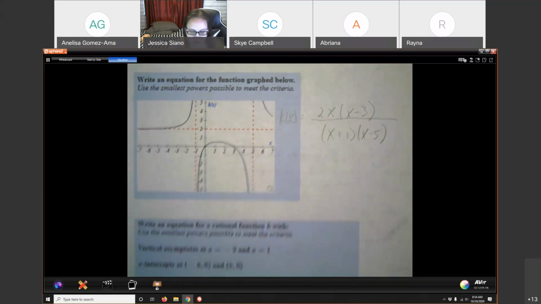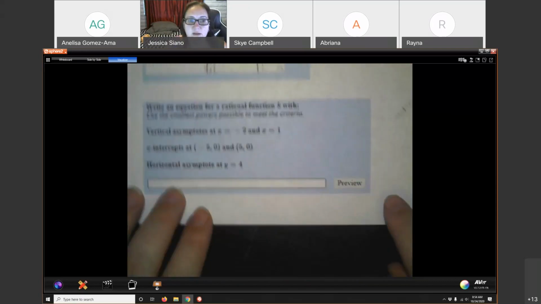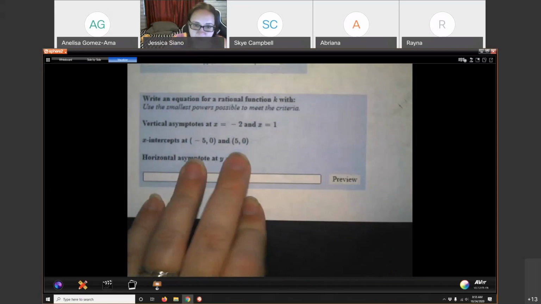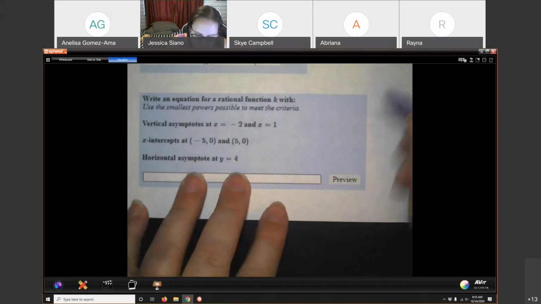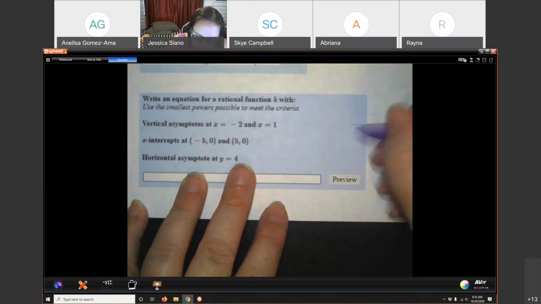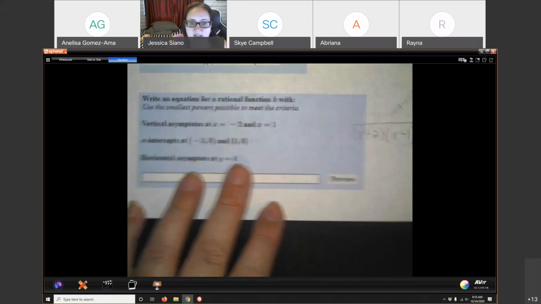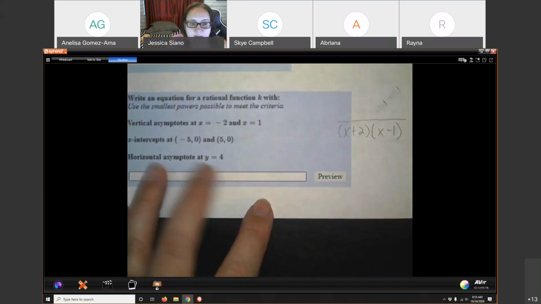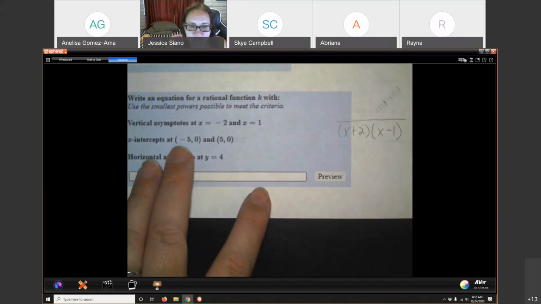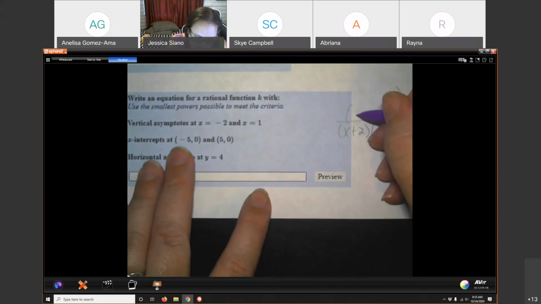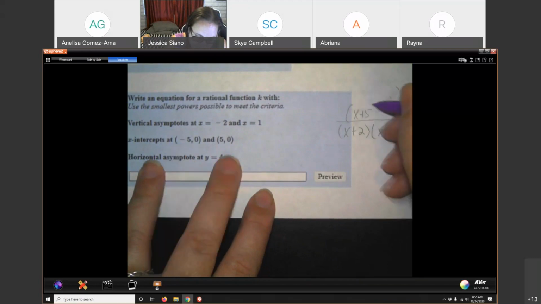Okay. Write an equation for the rational function k with a vertical asymptote at x equals -2 and x equals 1 would mean x plus 2 and x minus 1 in the denominator. X-intercepts at -5, 0 and 5, 0 would mean x plus 5 and x minus 5 in the numerator.